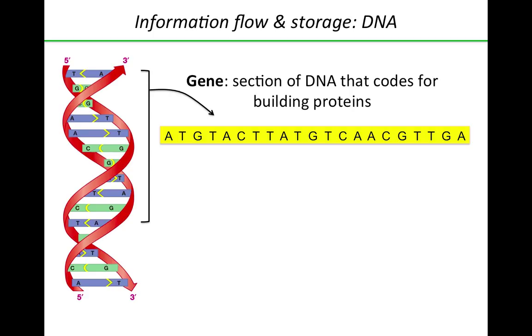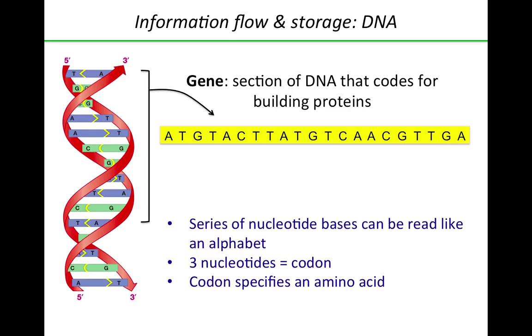So the way this works is that the body uses one side of the DNA molecule as a template and then reads along these nucleotide bases. What I've done here is just laid the DNA strand out horizontally so you can see it more clearly. And the nucleotide bases that you see here can be read like an alphabet. All of the words contained in our DNA are made up of 3 letters, and these words we call codons, and each codon tells the body to produce a particular amino acid.